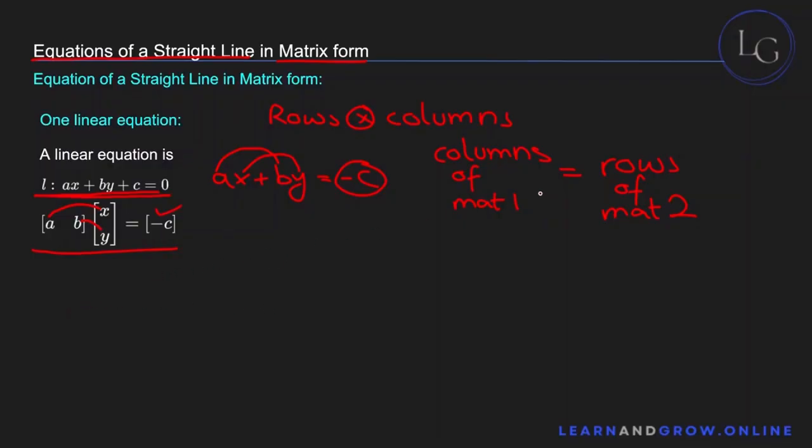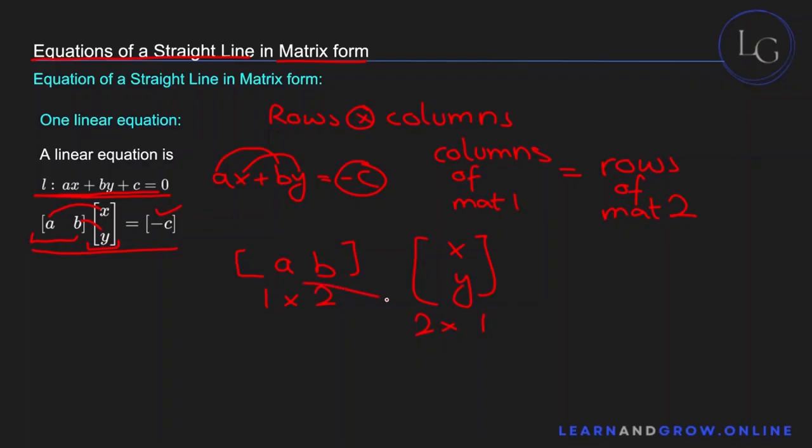Now, first we must confirm that the columns of this matrix are equal to the rows of this matrix. A, B: this matrix is a 1 cross 2 matrix, 1 row, 2 columns. And X, Y is a 2 cross 1 matrix, 2 rows, 1 column.